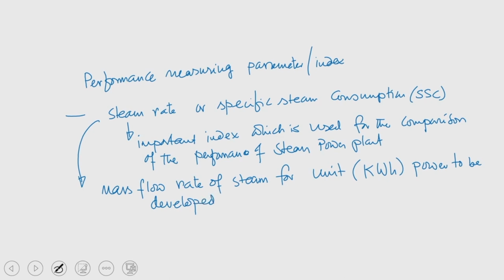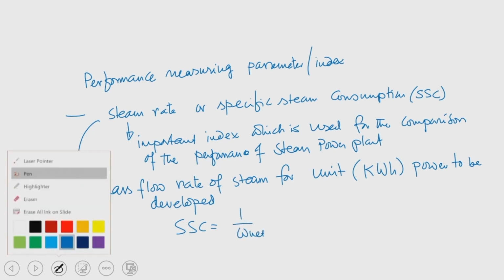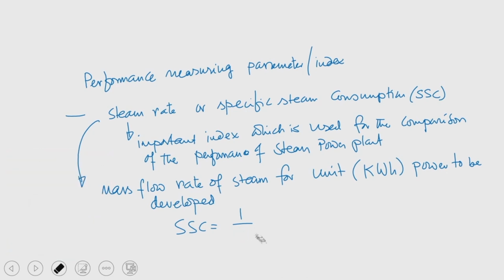Okay. So, this is unit power developed. Basically this SSC equals 1 by W net. So, that is very important. This is kg by kilojoule, right.